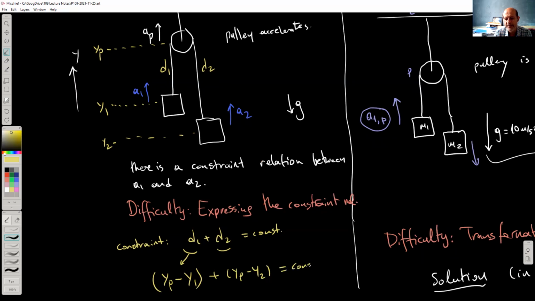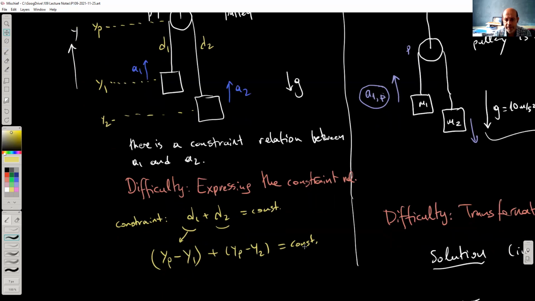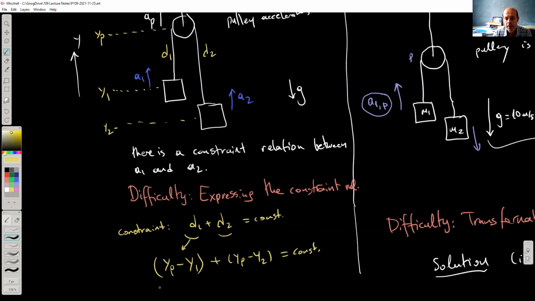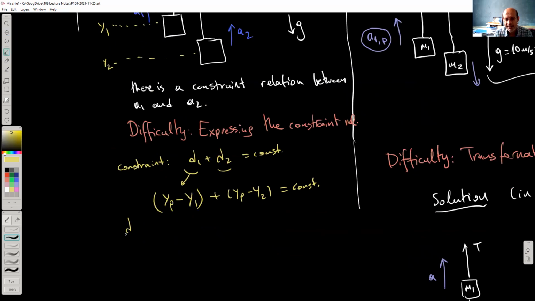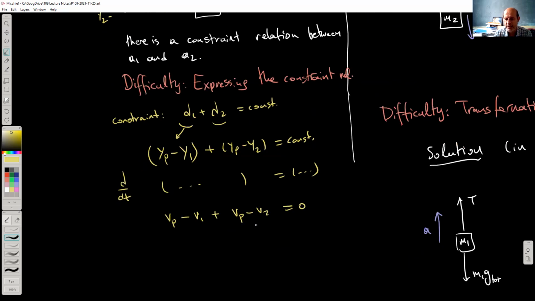So that's constant. Okay. As a result, I just take the time derivative of both sides. On the left, I'm going to get velocity of P minus the velocity of 1 plus velocity of P minus the velocity of 2. That's equal to 0. So that's a constraint relationship between velocities.